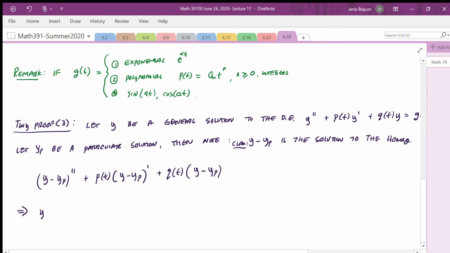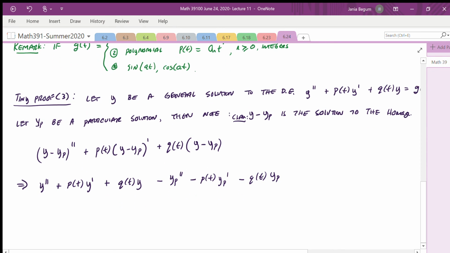So I have y double prime plus p of t times y prime plus q of t times y, and then minus yp double prime minus p of t times yp prime minus q of t times yp.